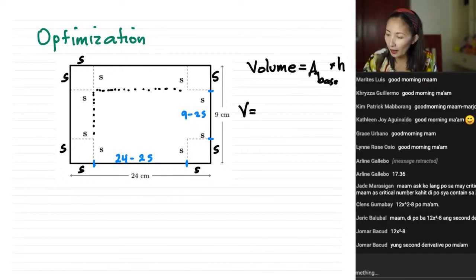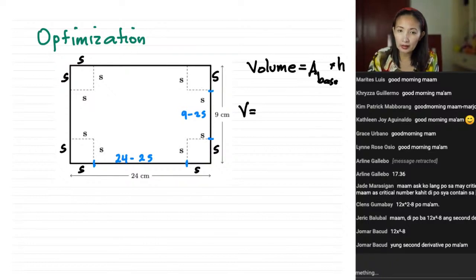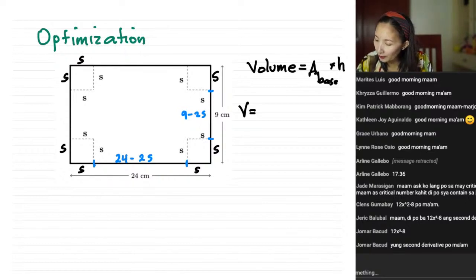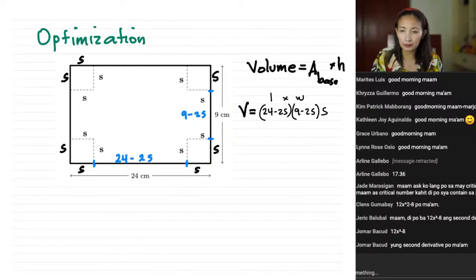Forming the rectangular box, we will end up with the area of the base, which has a length of 24 minus 2s. So I'm going to write 24 minus 2s. That's the length times width. The width of the base is 9 minus 2s. And its height is s.